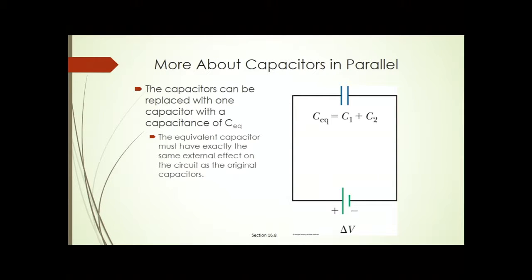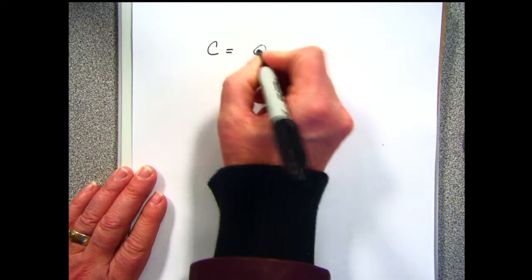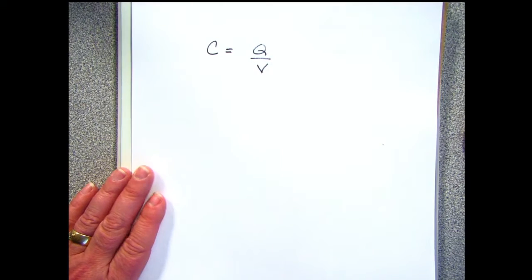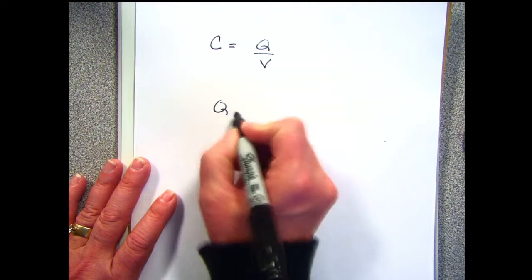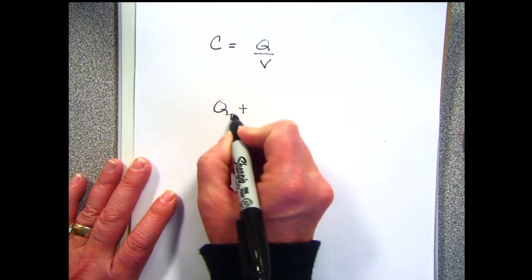So basically what happens is this. We've said that capacitance is equal to Q over my voltage. We said that when I'm in parallel, the total charge is equal to the charge 1 plus the charge 2.